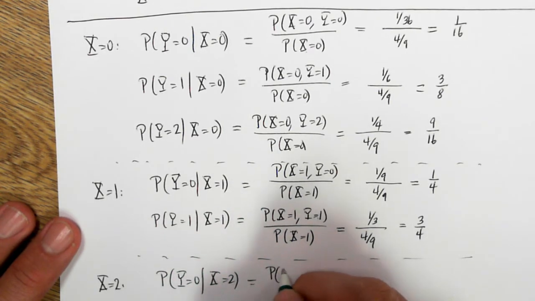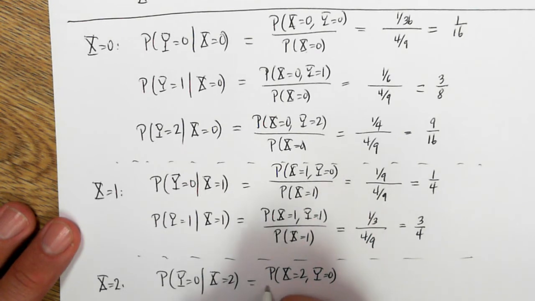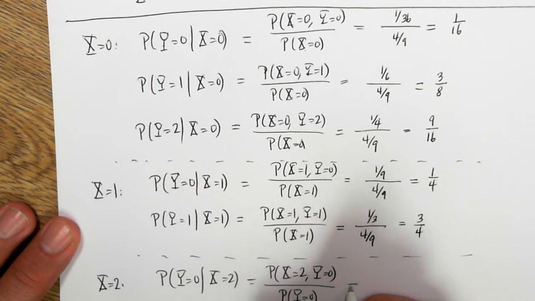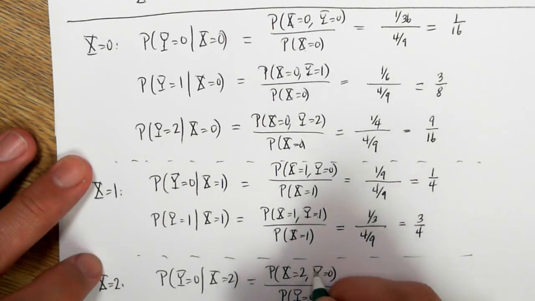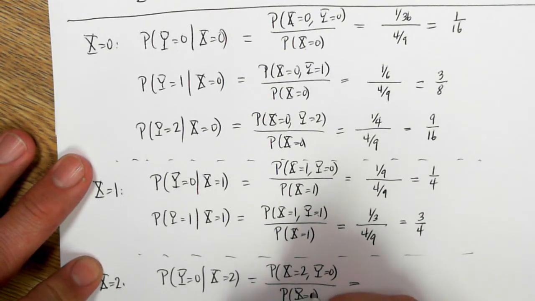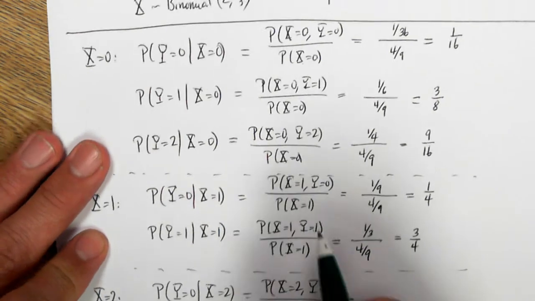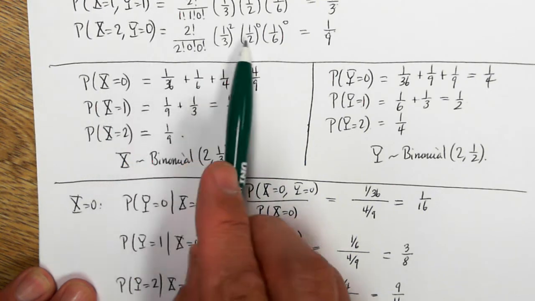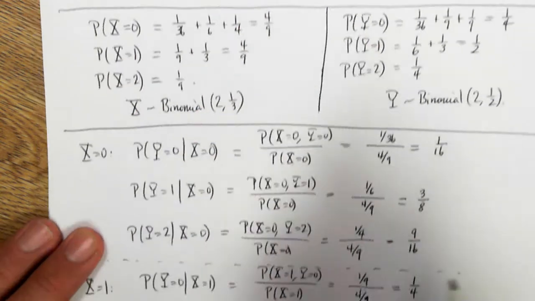Now, the calculation here is a bit silly, but let me do it for the sake of completeness. Chance that x equals 2 and y equals 0, divided by the chance that x equals 2 on the bottom. The chance that x equals 2 is 1/9, and also the chance that x equals 2 and y equals 0 is the same 1/9.